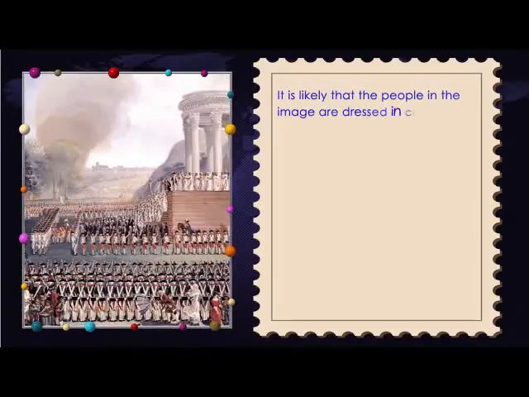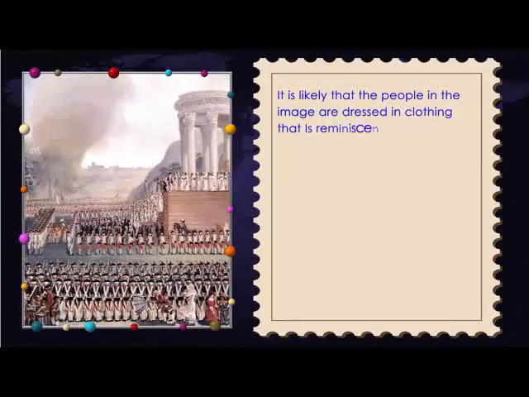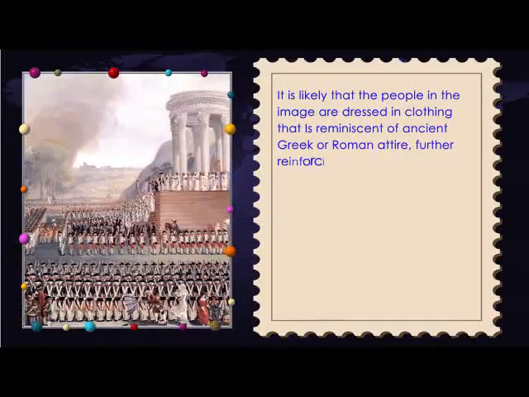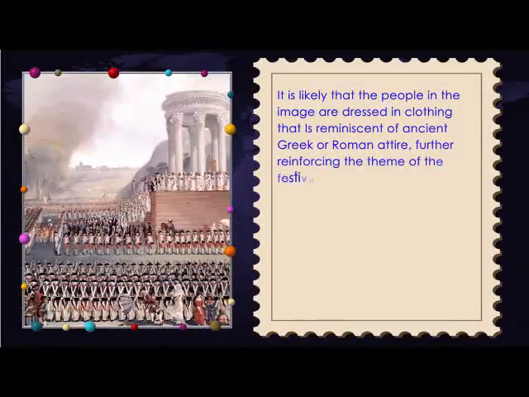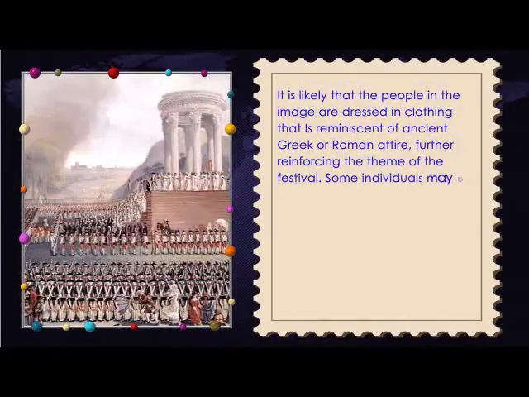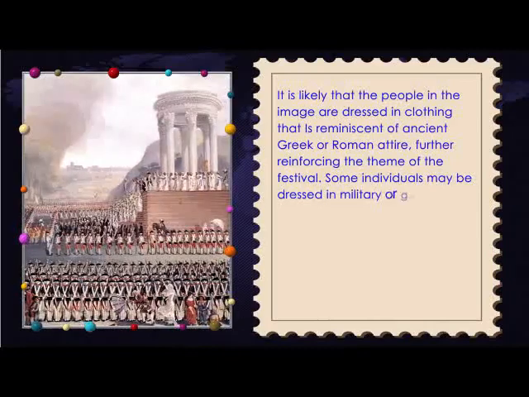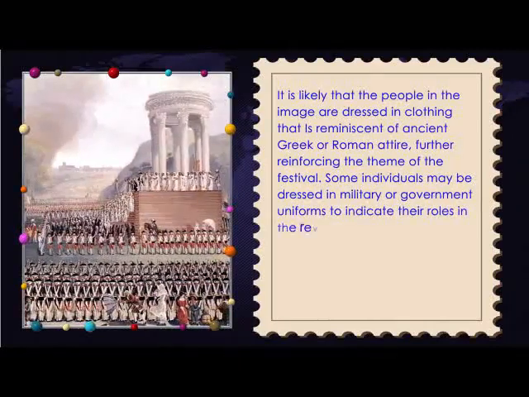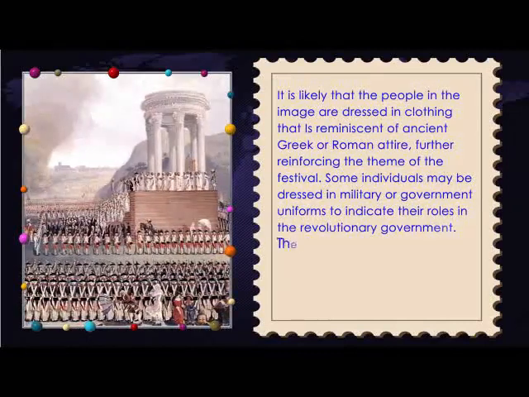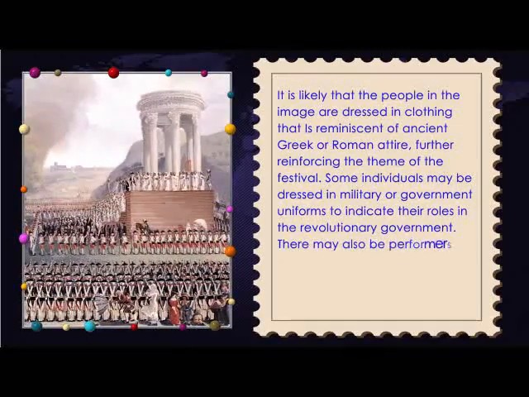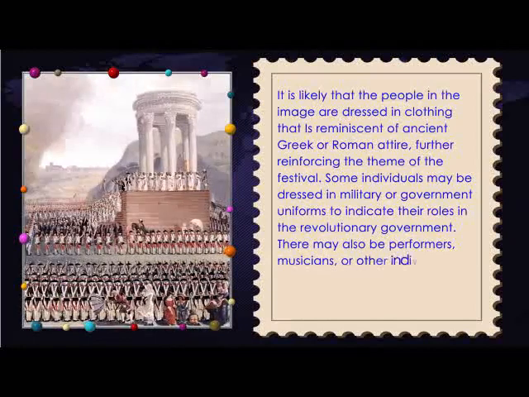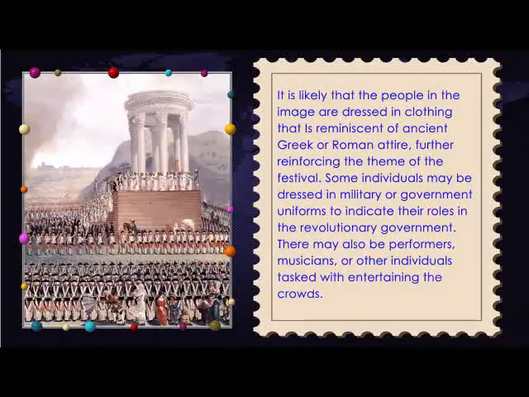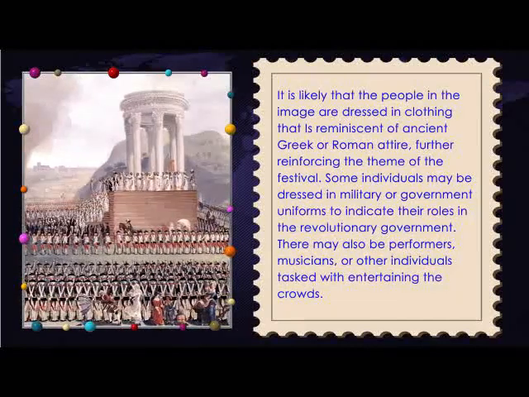It is likely that the people in the image were dressed in clothing reminiscent of ancient Greek or Roman attire, further reinforcing the theme of the festival. Some individuals may be dressed in military or government uniforms to indicate their roles in the revolutionary government. There may also be performers, musicians, or other individuals tasked with entertaining the crowds.